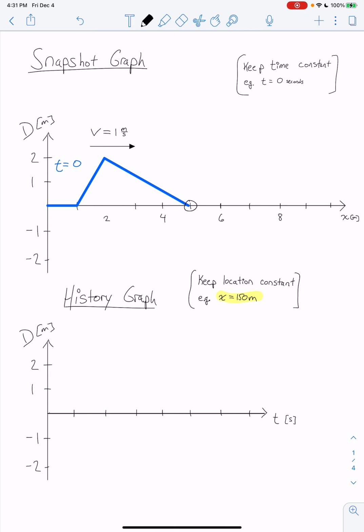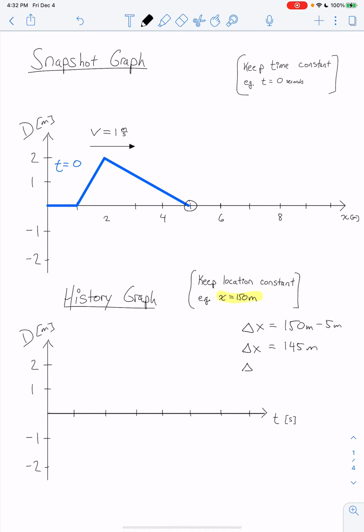Okay, well, let's give that a try. How far away are we? Well, 150 meters is our position of interest, and the wave is at 5 meters. So the distance between the position that we're interested in and the wave is 145 meters.